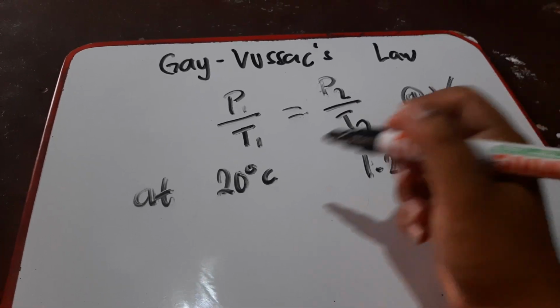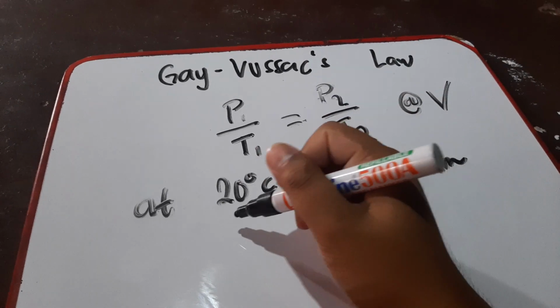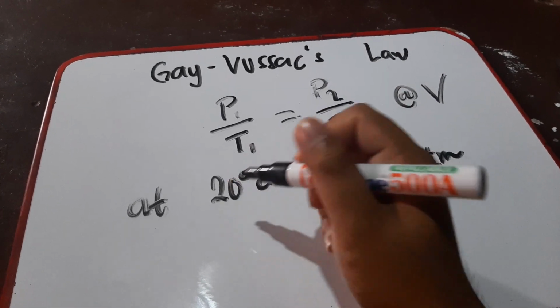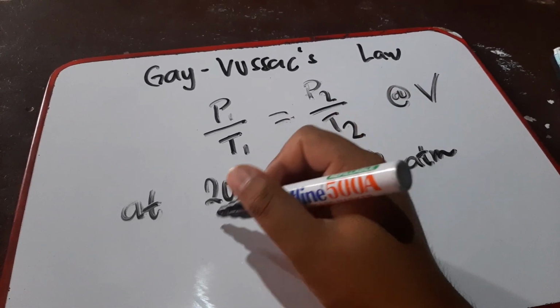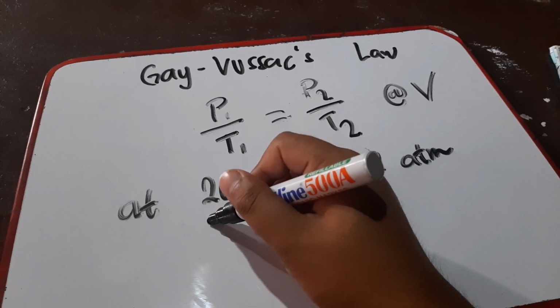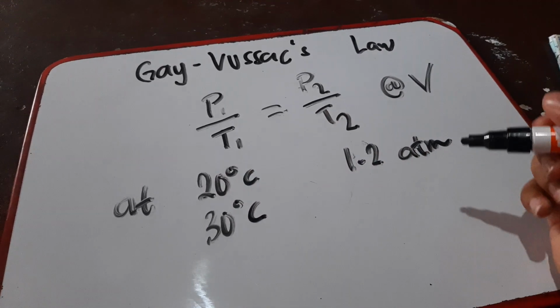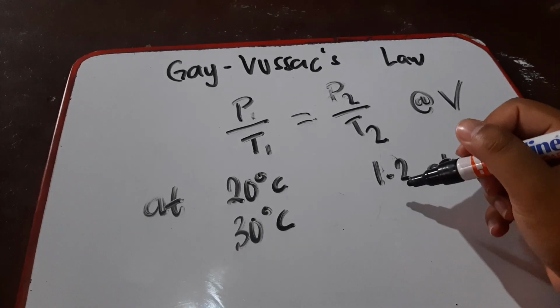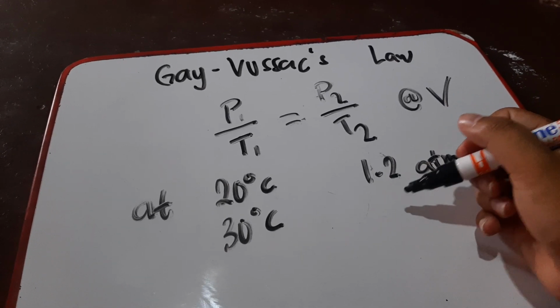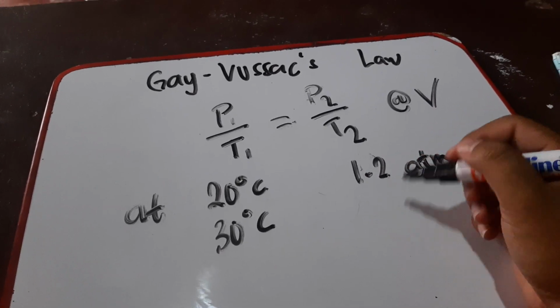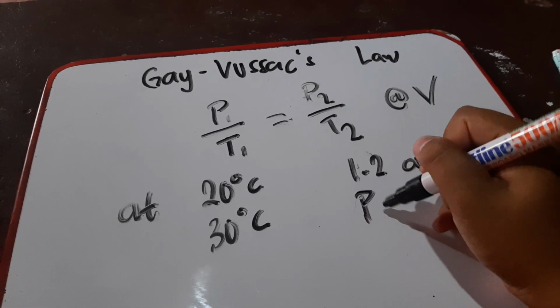And then suddenly, the temperature inside the room increased from 20 degrees Celsius to 30 degrees Celsius. What would be the final pressure of the storage can? So we are looking for the P2.